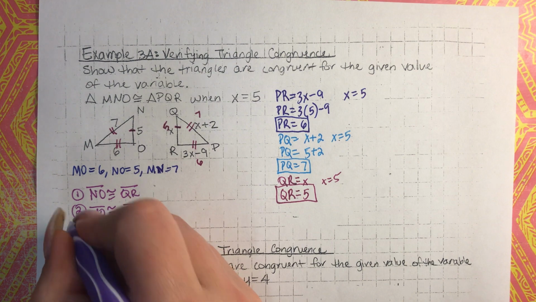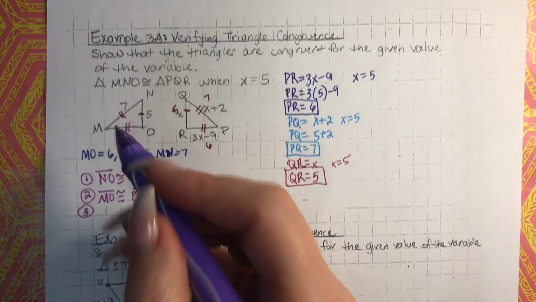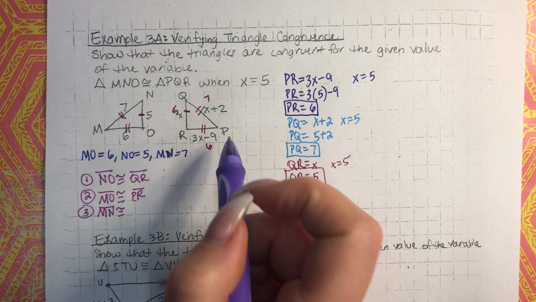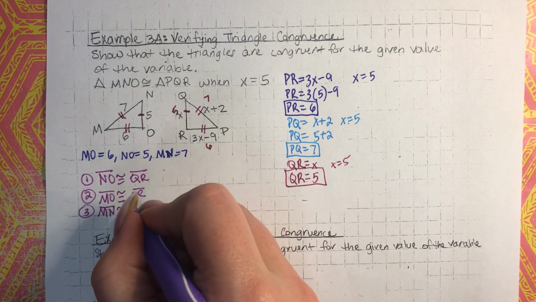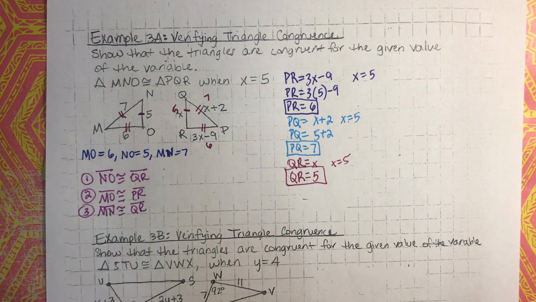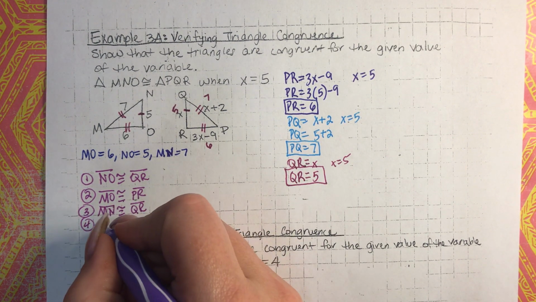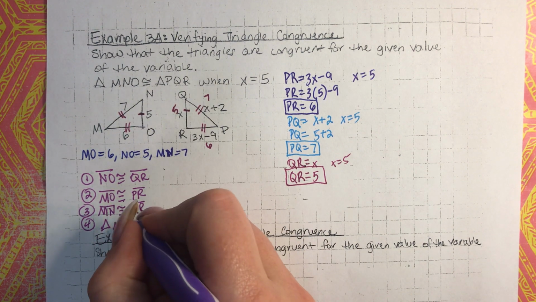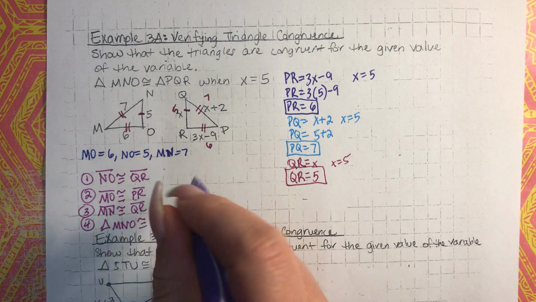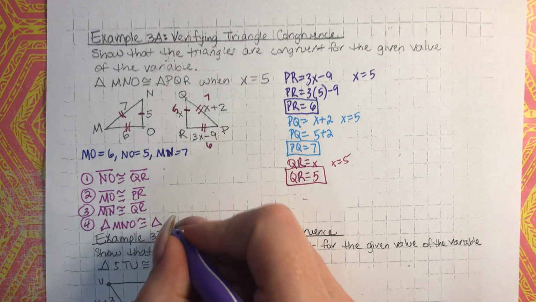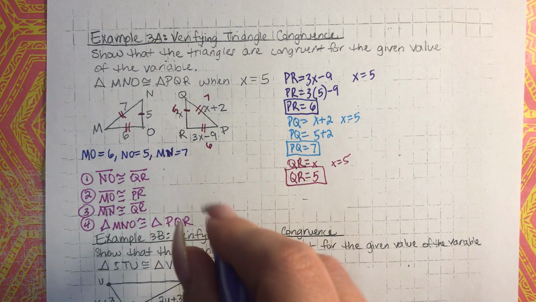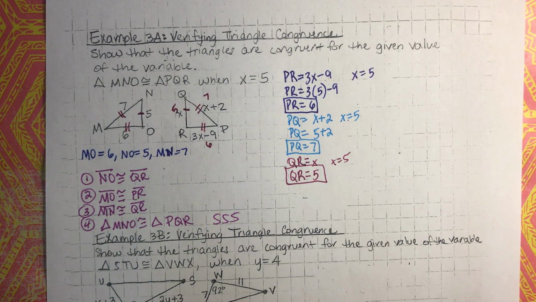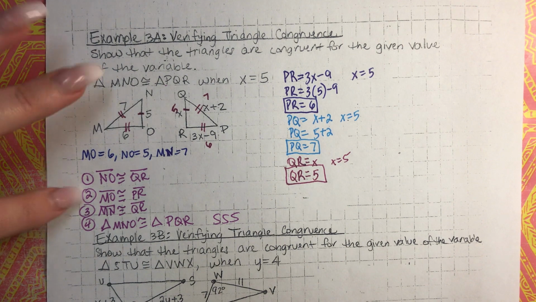And then the third thing would be MN is congruent to QP. And we have all 3 sides, so we can say that triangle MNO is congruent to triangle PQR because of side, side, side. Okay, that's how you solve this first problem.